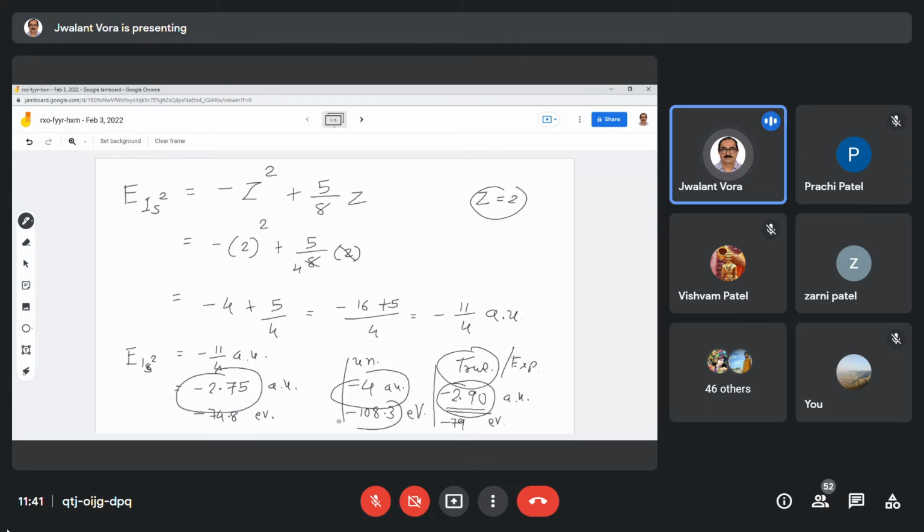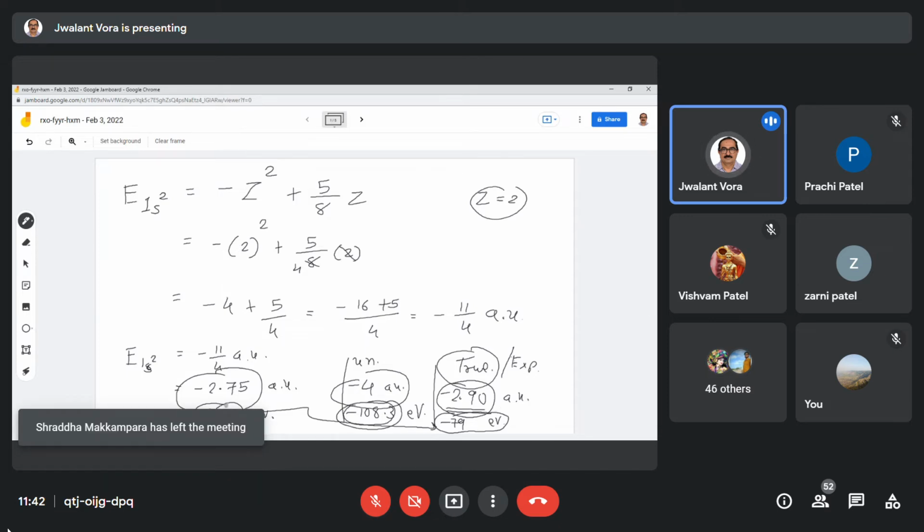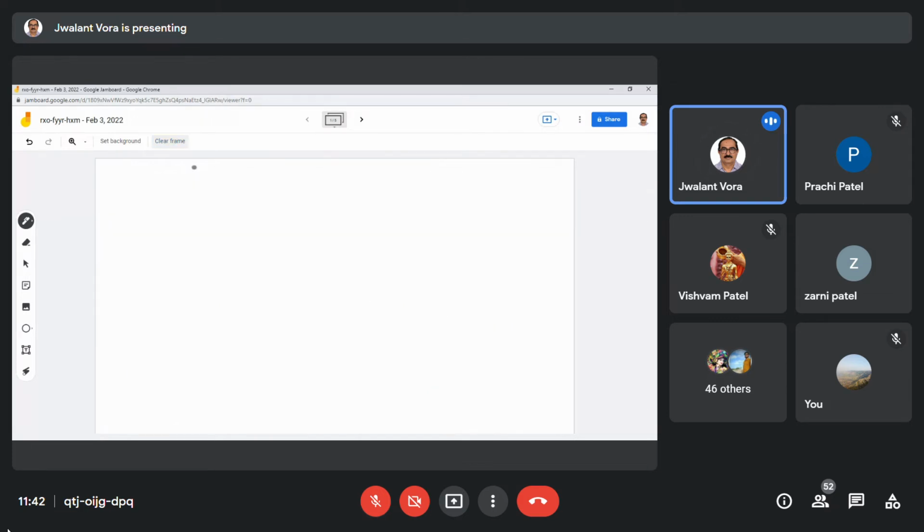You can see here 108 is very far away from 79, while 75 is closer to 79, considering the 79 value. So this is about the first order correction to the helium atom. Any question for this one?